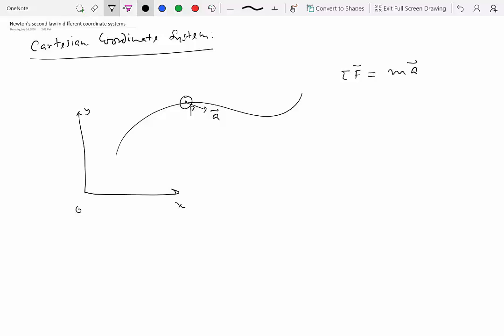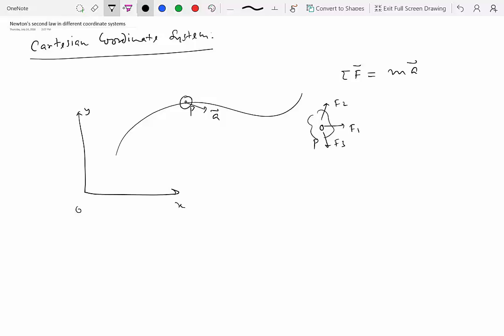So if you draw a free body diagram of P, and remember you're always showing it as a particle, sometimes you may draw it as an object also, but all the forces are shown to be concurrent at one point. So there may be one force F1 like this, another force like this, another force like this.